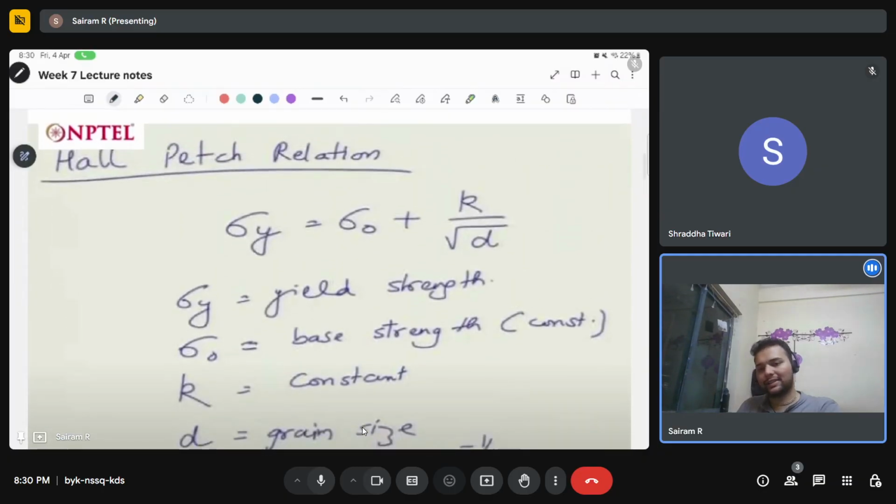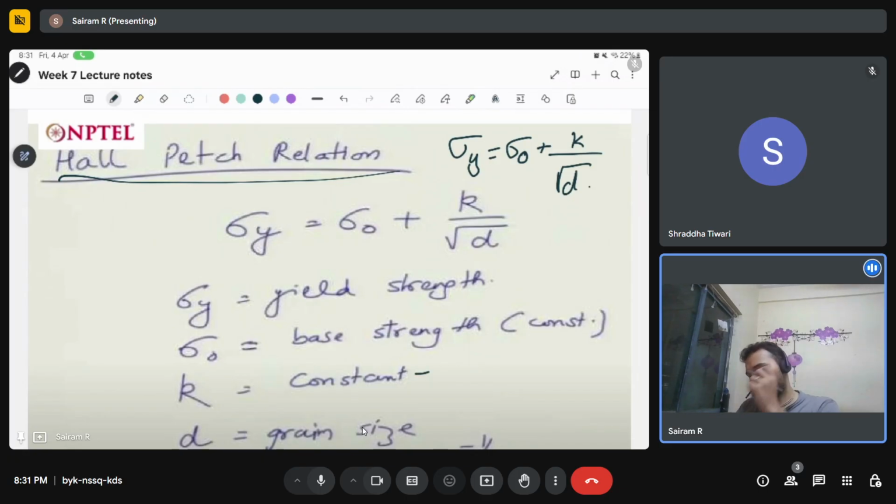So there is a relation called the Hall-Petch relation, given by sigma y equals sigma naught plus k by root d, where k is the strengthening constant. We have already solved a problem on this initially. So sigma y is proportional to 1 by root d.